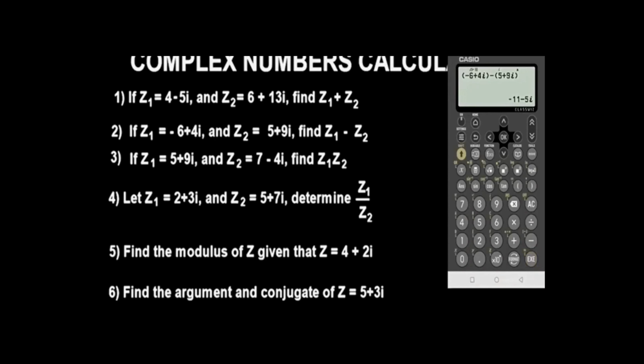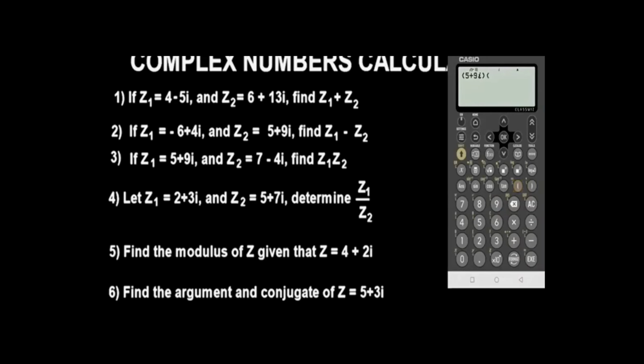Let's solve question 3. This time around we have multiplication. Let's remove this. So we have in brackets 5 plus 9i. To bring out the i, you press shift and this button, close the bracket. Alright, then we open another bracket.